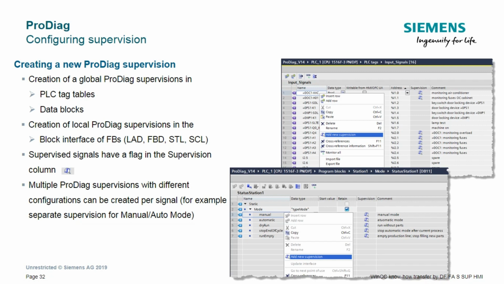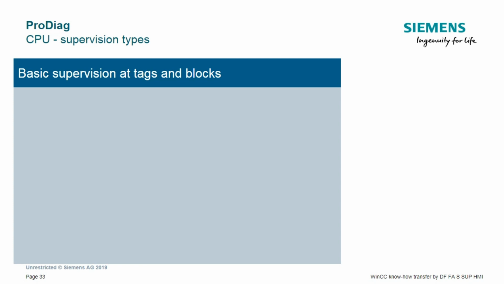Then you see here the symbol attached to the tag or the parameter, which tells you this input is supervised, and you can also create several supervisions on the same input. So it's not just limited to one supervision per input, you can also add more. What kind of supervisions do we have?